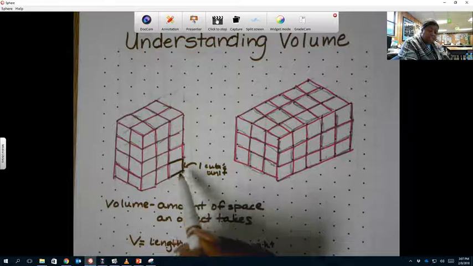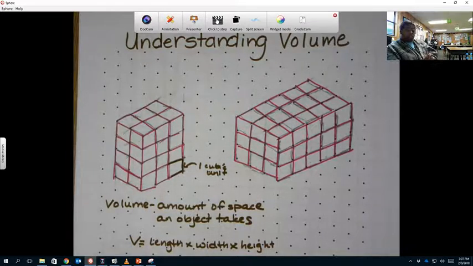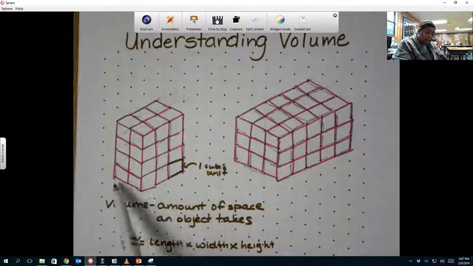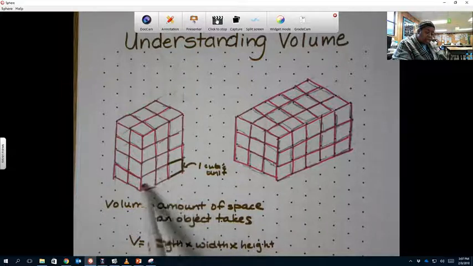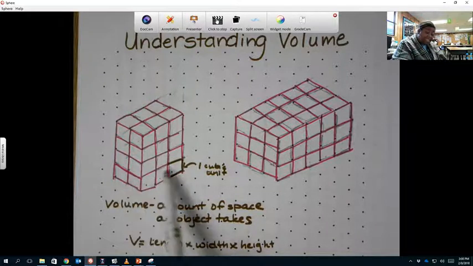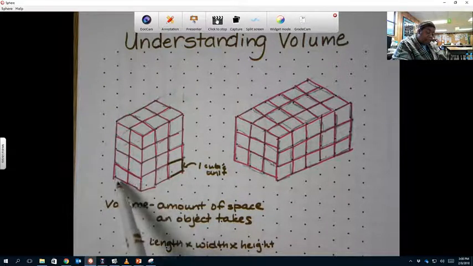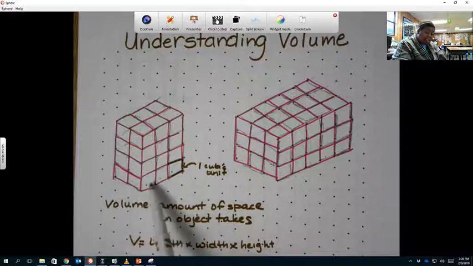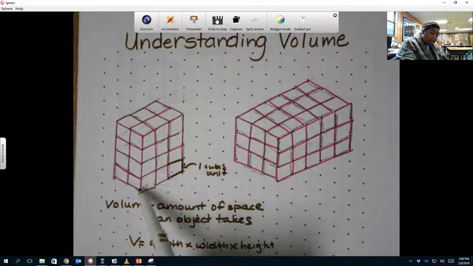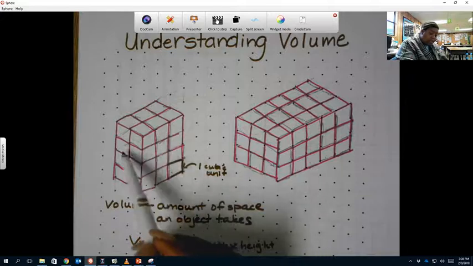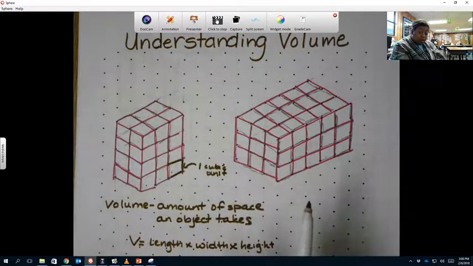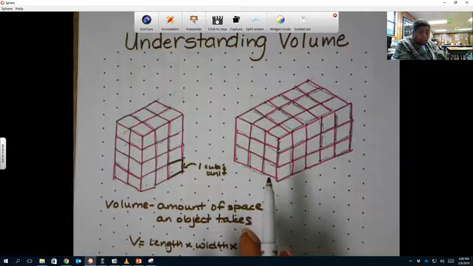Well, if I look on the bottom level, it looks like I have 1, 2, 3, 4, 5, 6 on each layer. So I can do 6 here, 6 here, 6 here, and 6 here, or 6 times 4, which is 24. That's one way we could find volume.